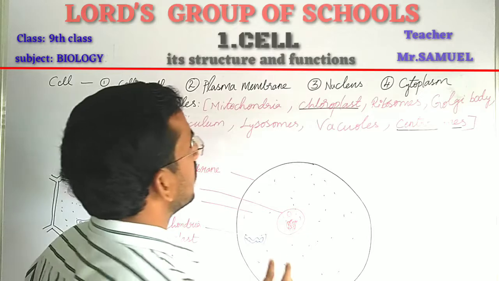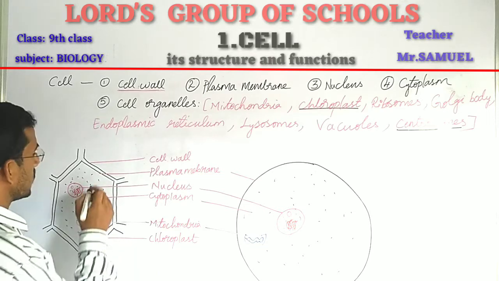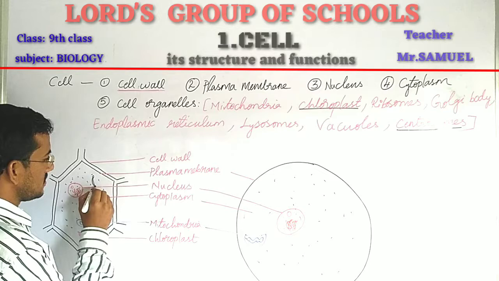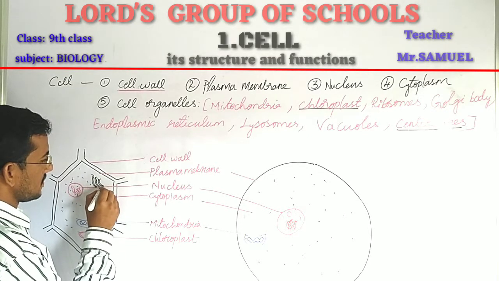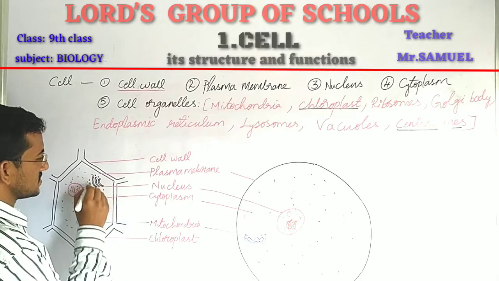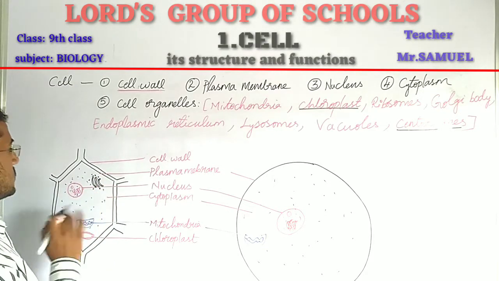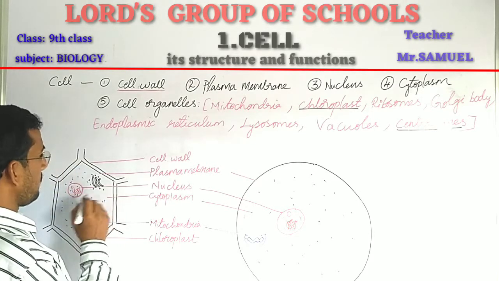Then let us draw Golgi apparatus. Here these Golgi apparatus are tubular structures. Some vesicles are present over here. So these structures are nothing but Golgi bodies or Golgi apparatus.